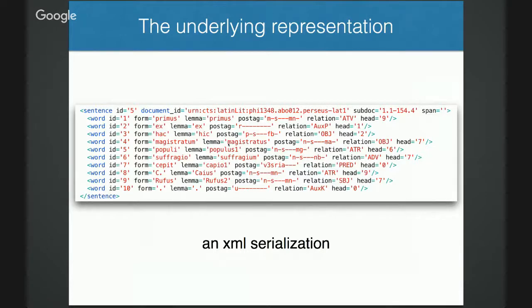I think that this XML fragment is pretty clear. This is the serialization that we use for the Ancient Greek and Latin Dependency Treebank. The Royal Treebank has a very similar serialization. Here, as you can see, we have a sentence element, and it is specified for some attributes which simply say something about the sentence.